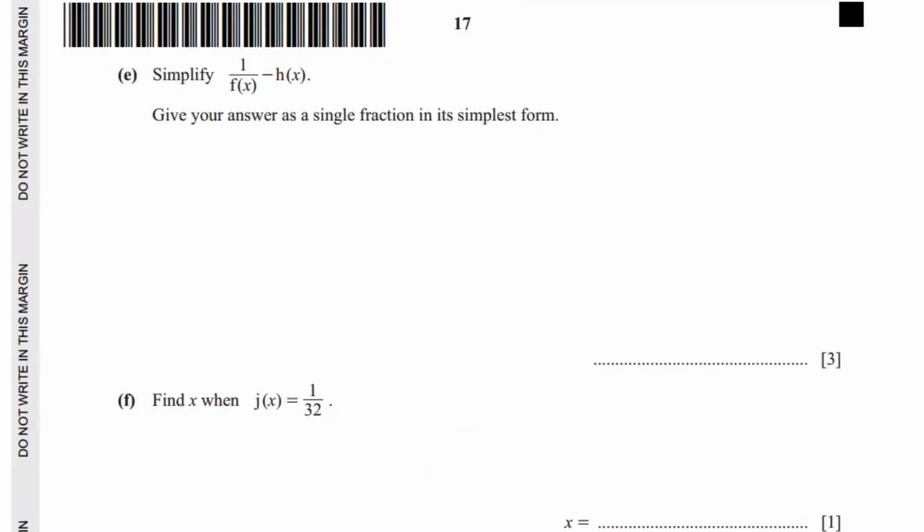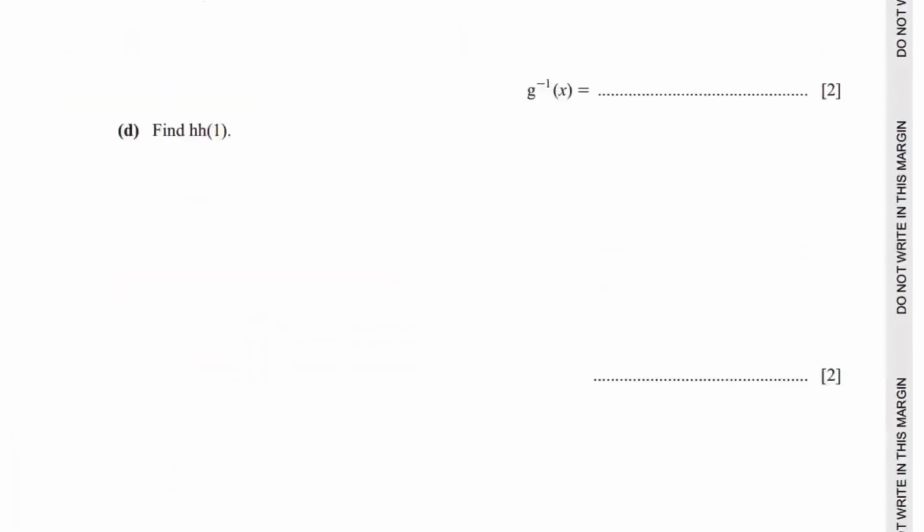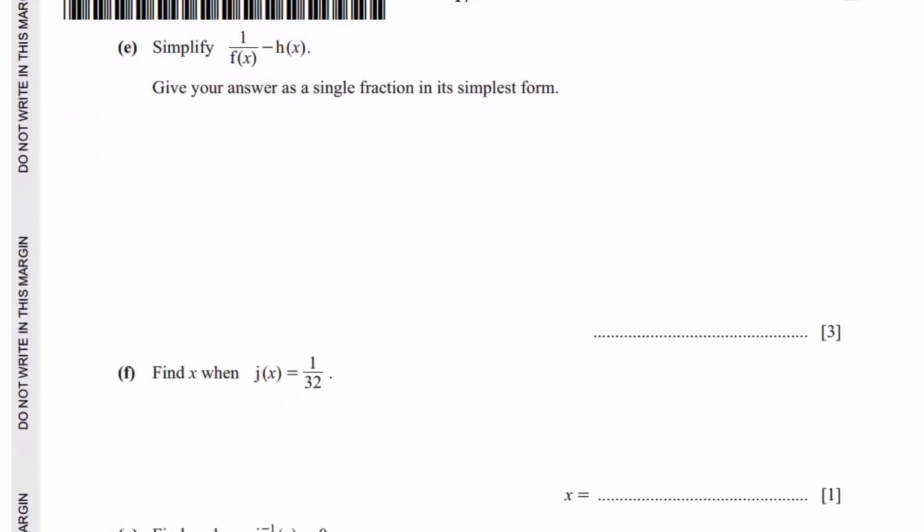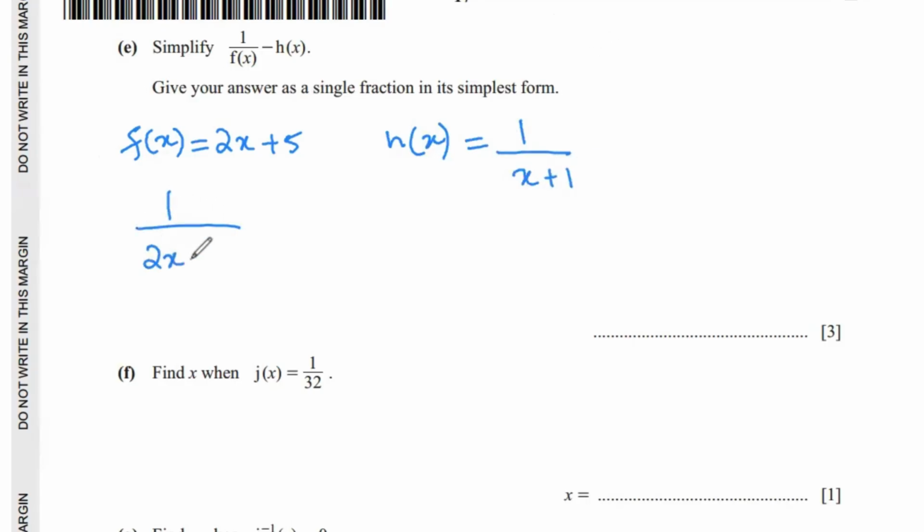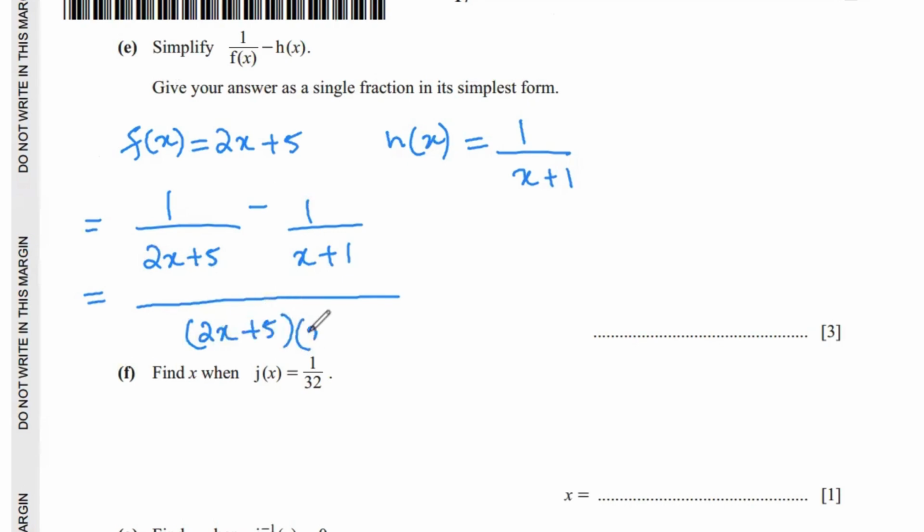Part E says simplify 1 over f of x minus h of x. f of x was 2x plus 5, and h of x is 1 over x plus 1. So 1 over 2x plus 5 minus 1 over x plus 1. When you're adding or subtracting fractions with unlike denominators, we need to make the denominators equal.